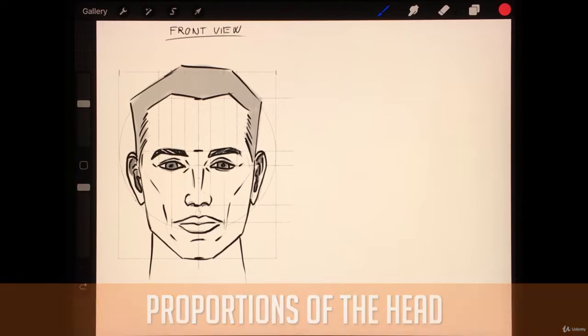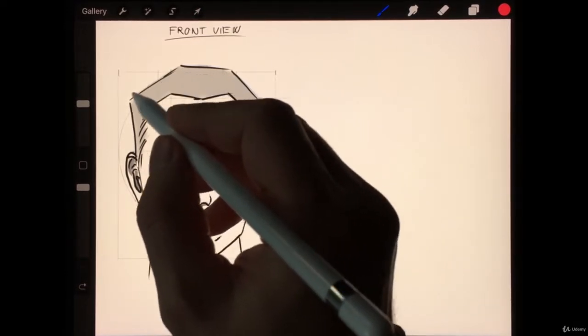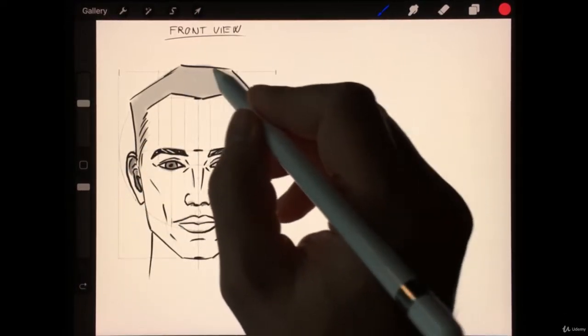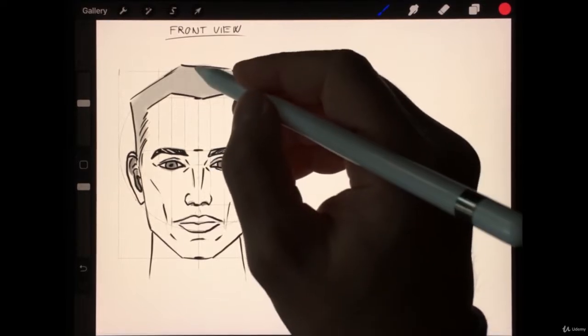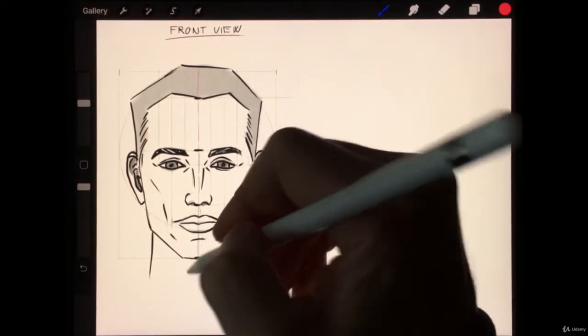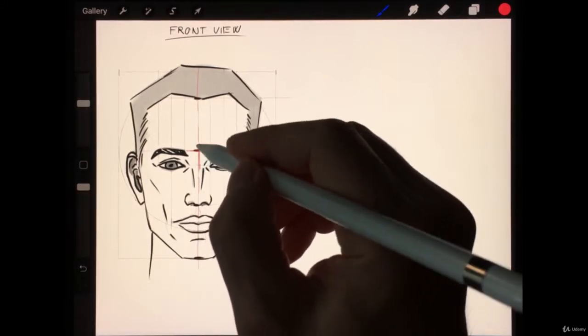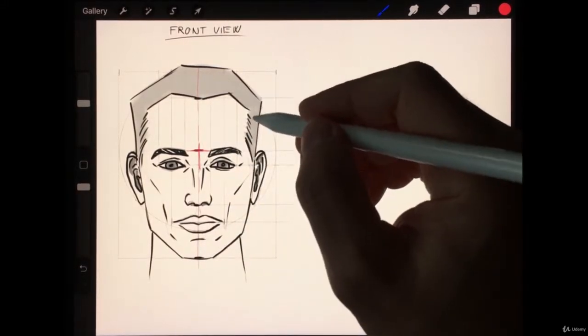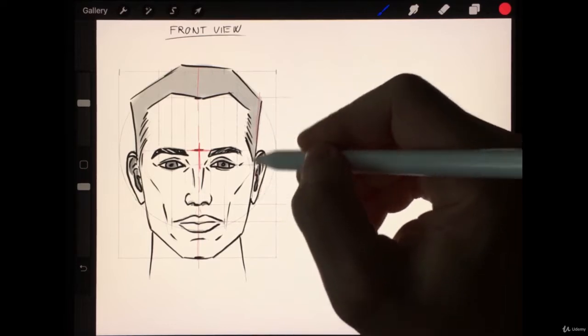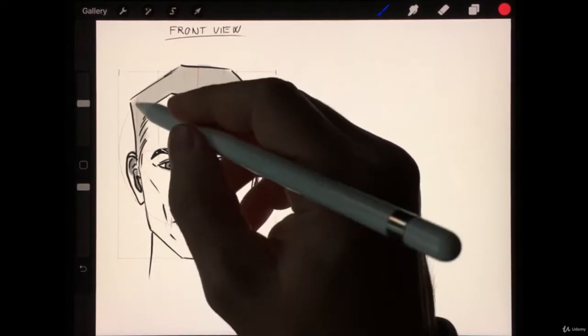Now let's get rolling. Here we have the base circle. This is our center line. Here is the important crossing. These are the slices that we cut from the circle or from a ball in 3D.